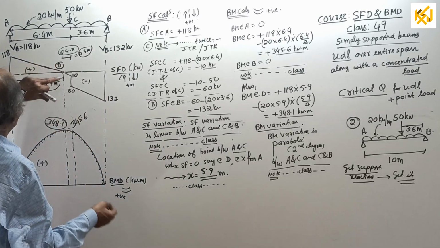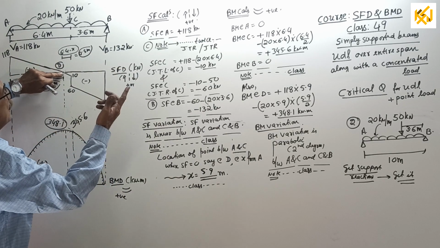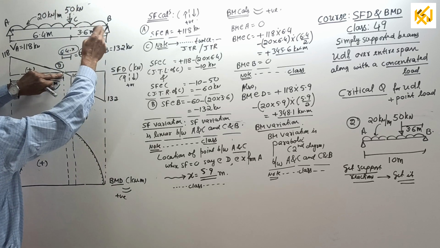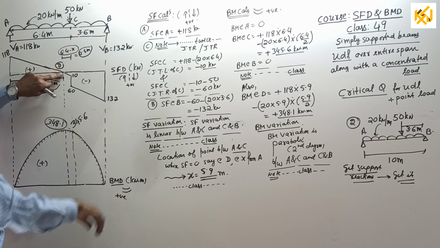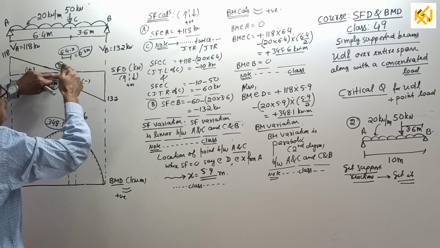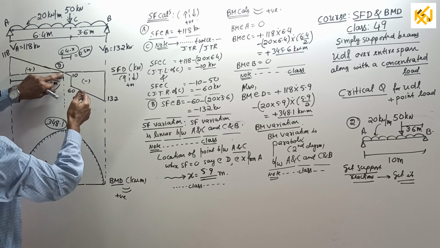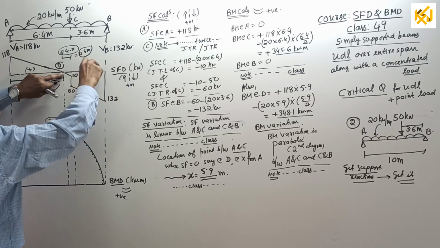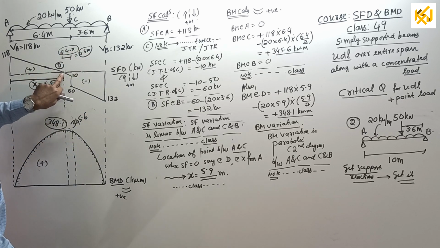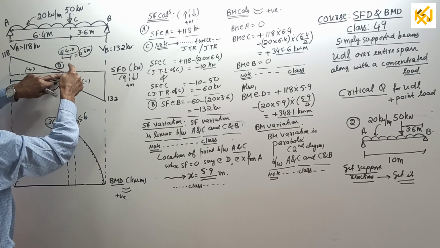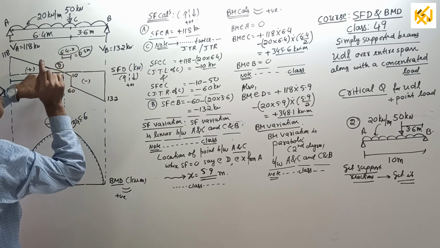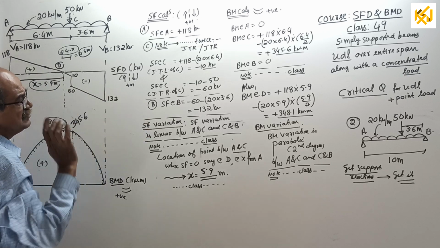Or for those on this side, a little extra calculation: plus 132 into 3.6 plus another 0.5, minus 20 into that length, which will be how much? 4.1, I think, yes 4.1, into 4.1 by 2, lastly minus 50 into 0.5. It will give the same answer.